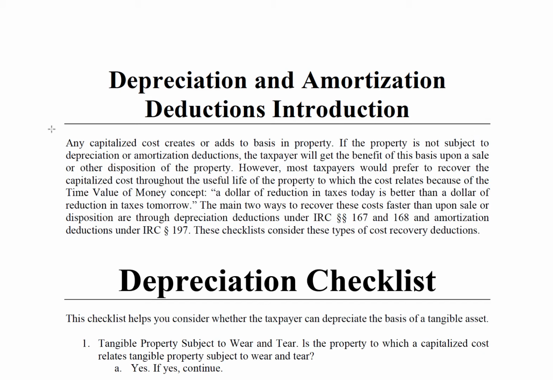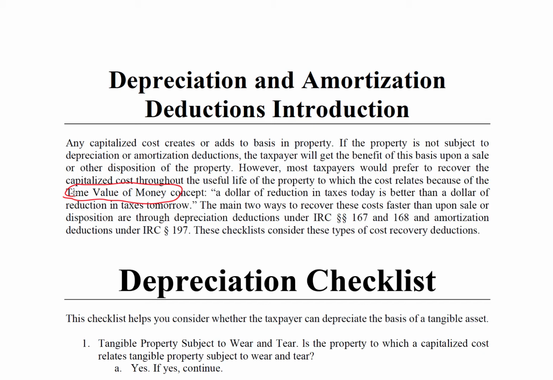Time value of money is a huge concept not only in the financial sector and in accounting, but also in tax. The idea of time value of money is that a dollar is worth more today than a dollar in the future. That concept applies equally in tax. A dollar of reduction in taxes today is better than a dollar of reduction in taxes tomorrow, because you can use that dollar today and you can invest it, or you can do something with that money that you couldn't do tomorrow or in the future.